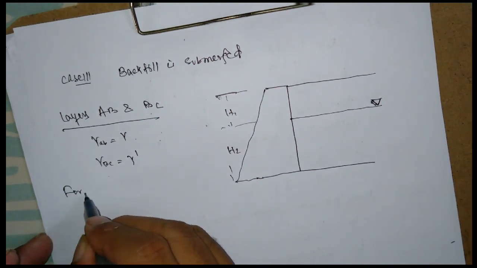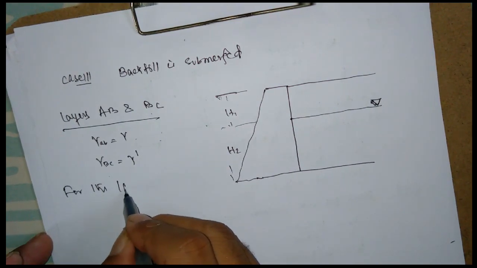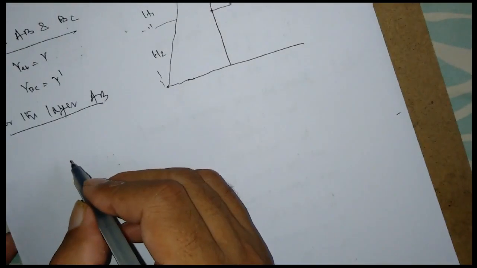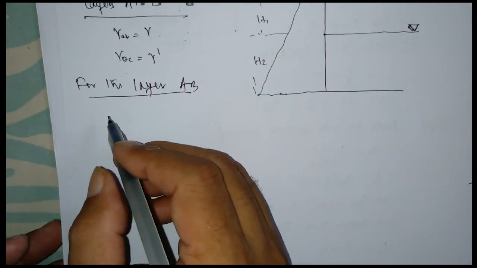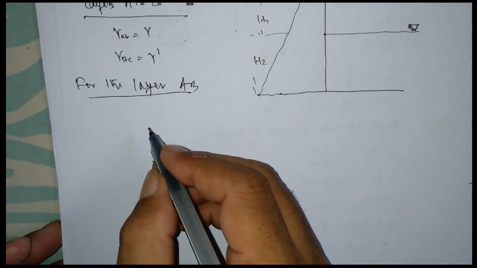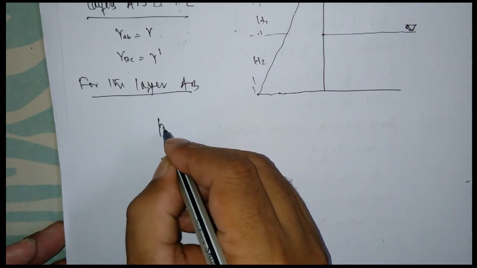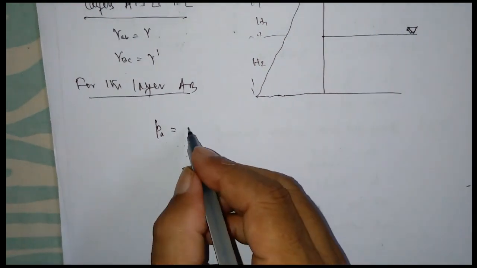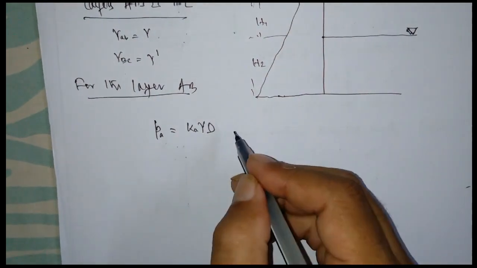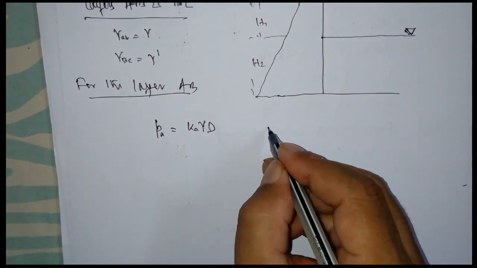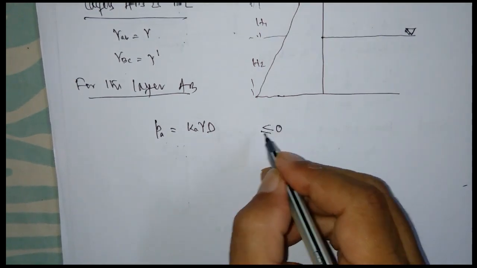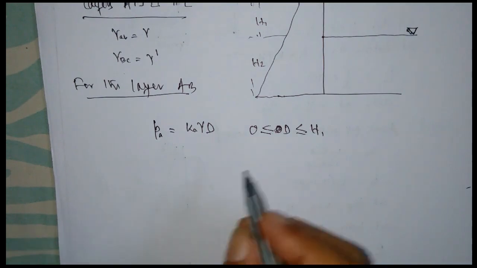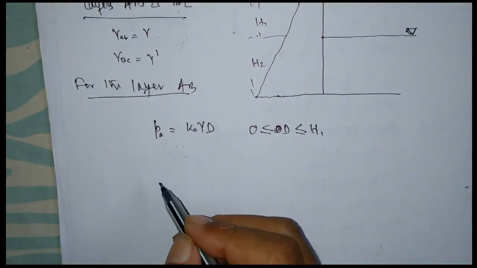For the layer AB, here the equation of earth pressure will be, as it is dry, the original equation Ka gamma D, where D varies from 0 to H1 only.